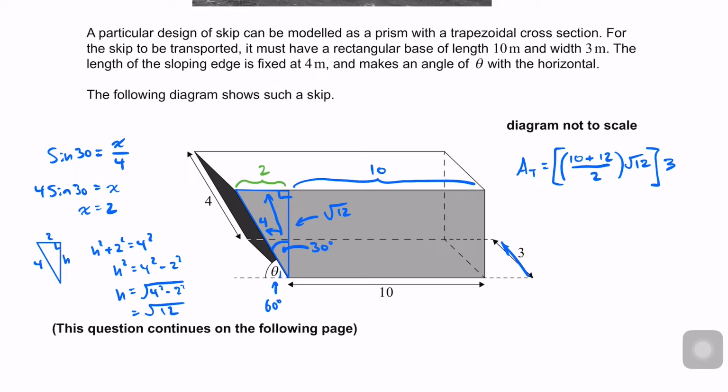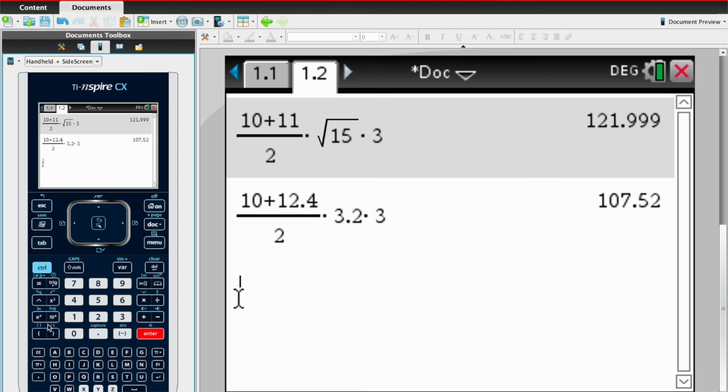So once again, we've got a trapezoid. The bottom length plus the top length divided by 2 multiplied by the height, which we found just using Pythagorean theorem in this case. And then we multiplied this by the extension. I'm going to work that out on the calculator here. Open up some brackets. 10 plus 12 over 2.